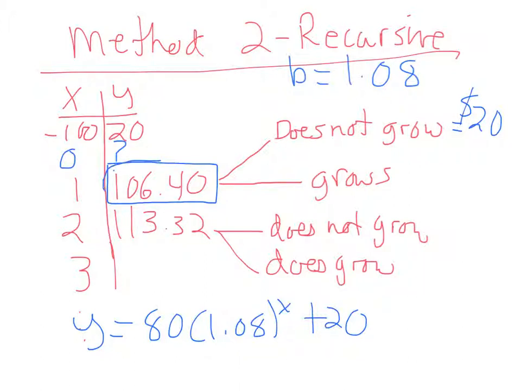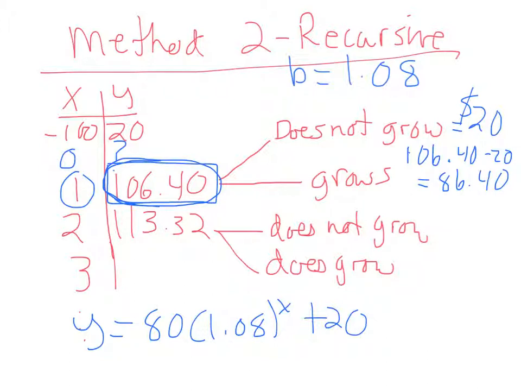Of all the amounts of money, there's $20 that doesn't grow, and it stays constant all the time. So after 1 year, when I have $106.40, $20 does not grow. Well, how much of it does grow? Well, it's going to be 106.40 minus 20 equals 86.40.